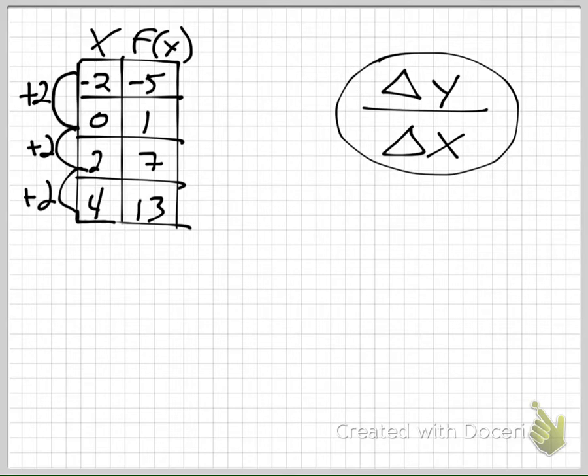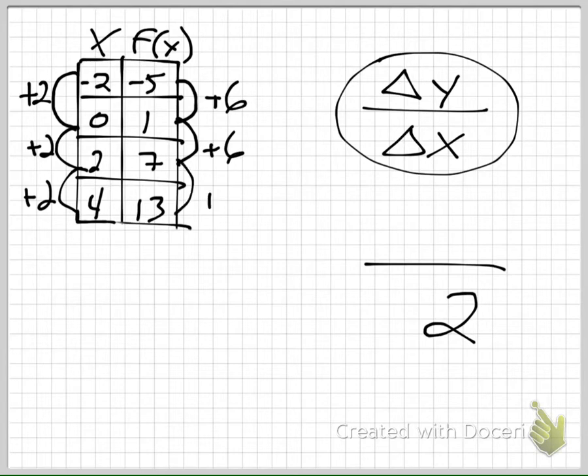You're looking for it to be consistent. That means that the change in x is 2. Here I went from negative 5 to 1. Negative 5 to 1 is plus 6. To go from 1 to 7 is plus 6. 7 to 13 is plus 6.